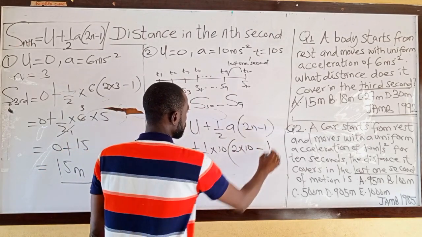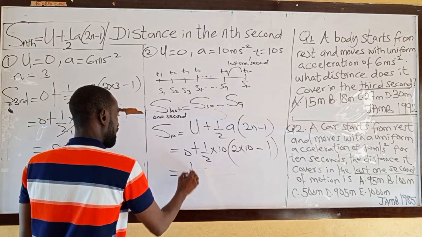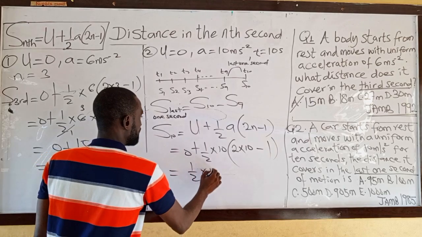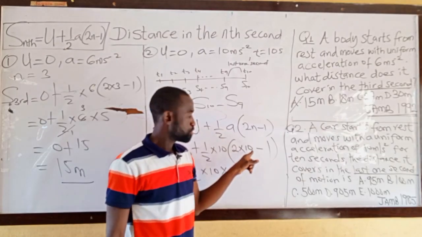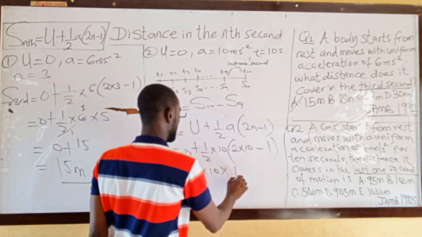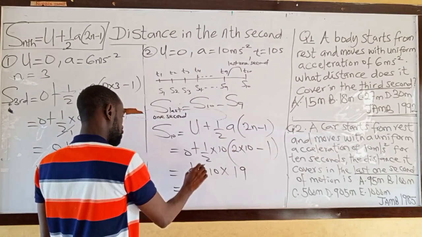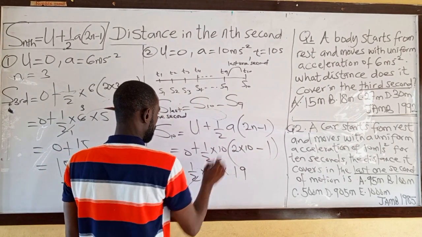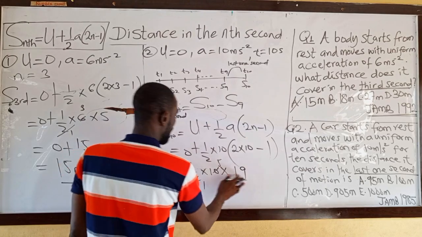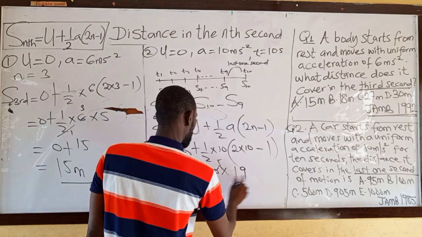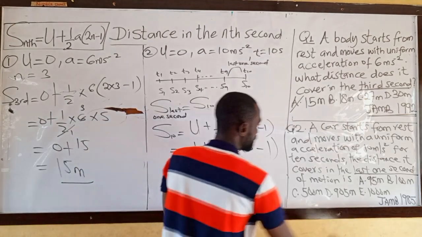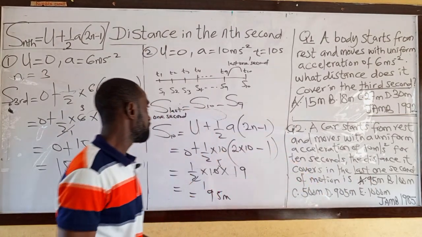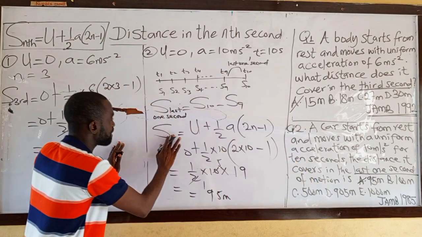So we have half times 10 times (2 times 10 minus 1). That is 5 times (20 minus 1), which is 5 times 19, giving 95. So the answer is 95 meters. This is the distance in the last 1 second.